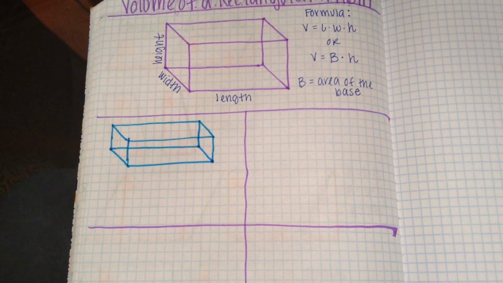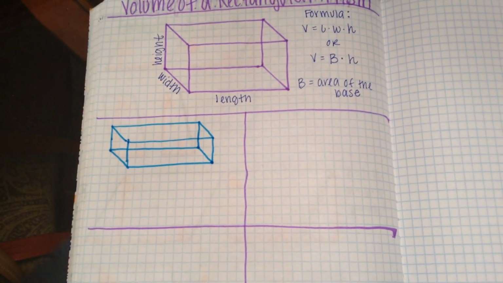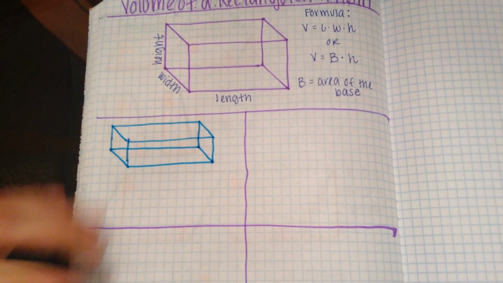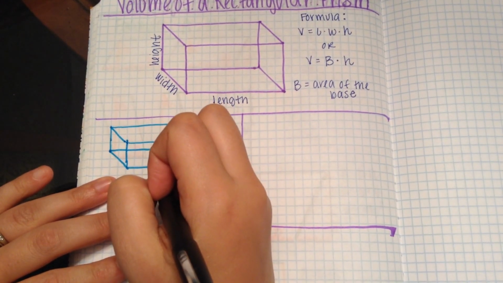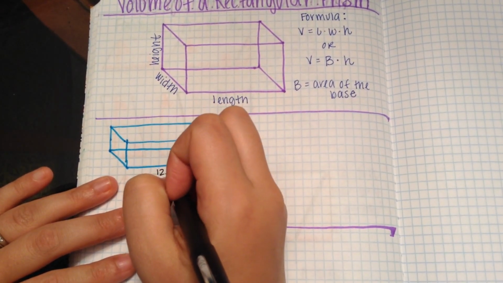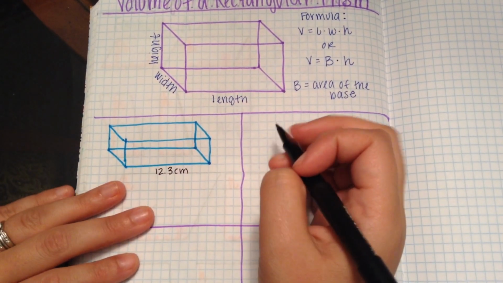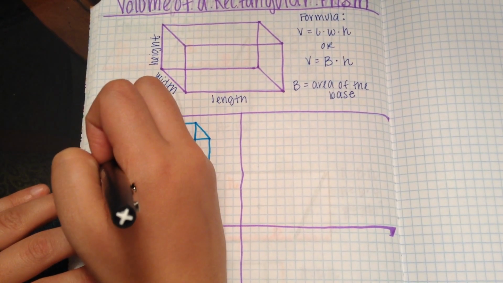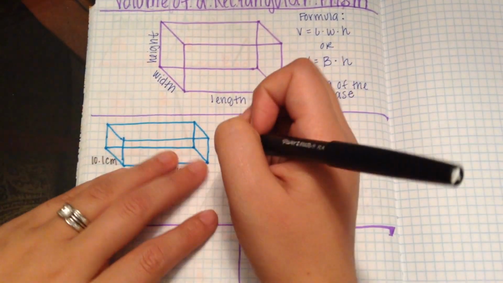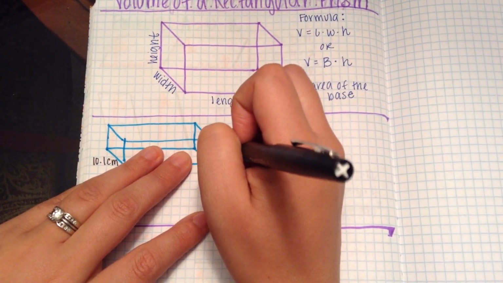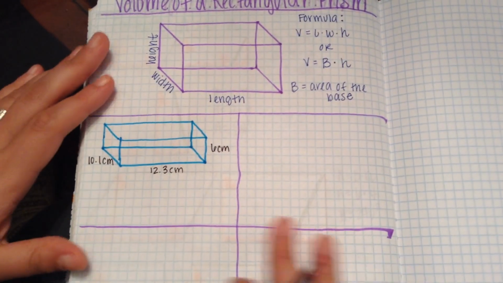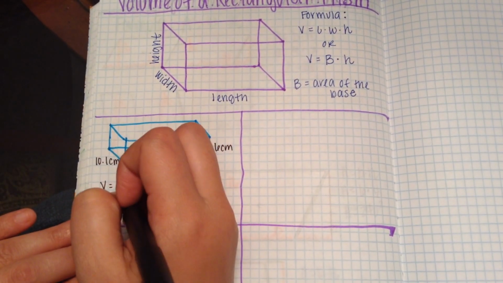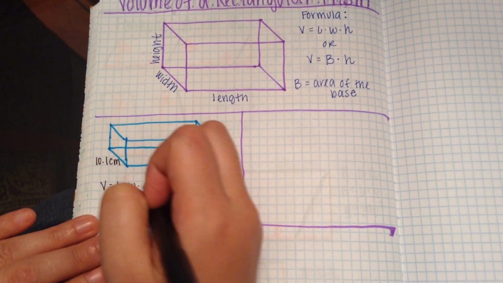Okay, so we have that rectangular prism, and this is going to be 12.3 centimeters, and then this is going to be 10.1 centimeters, and this is going to be 6 centimeters. So we know that volume is equal to length times width times height.